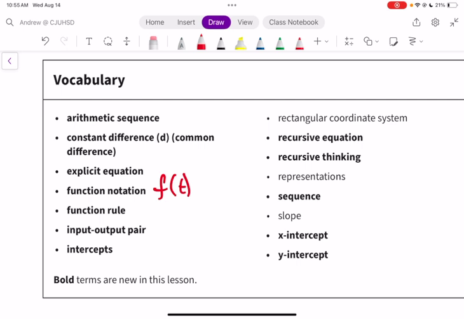A function rule, that's what appears on the other side of the function's equal sign. An input-output pair is basically like this. When we said 0, 1, at time 0, there's one dot, and so on and so on. We will include these in our regular discussions as we proceed through the unit.